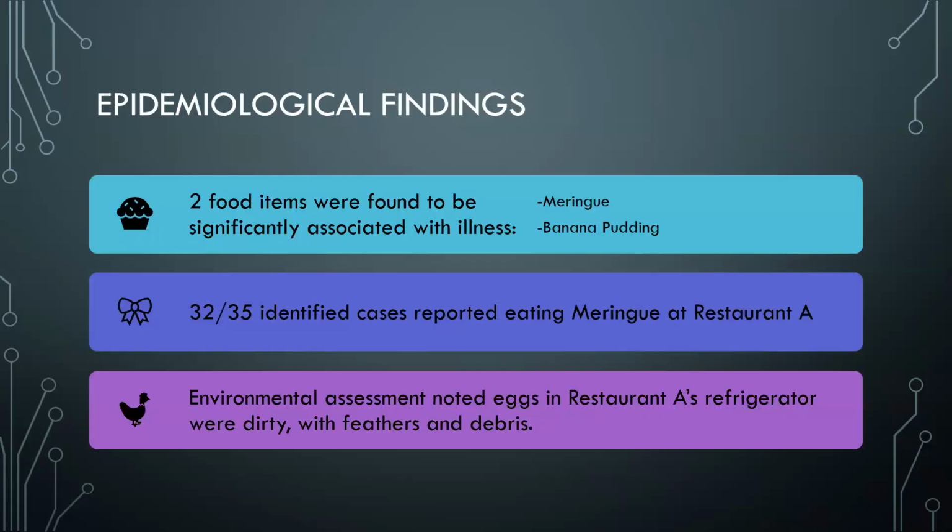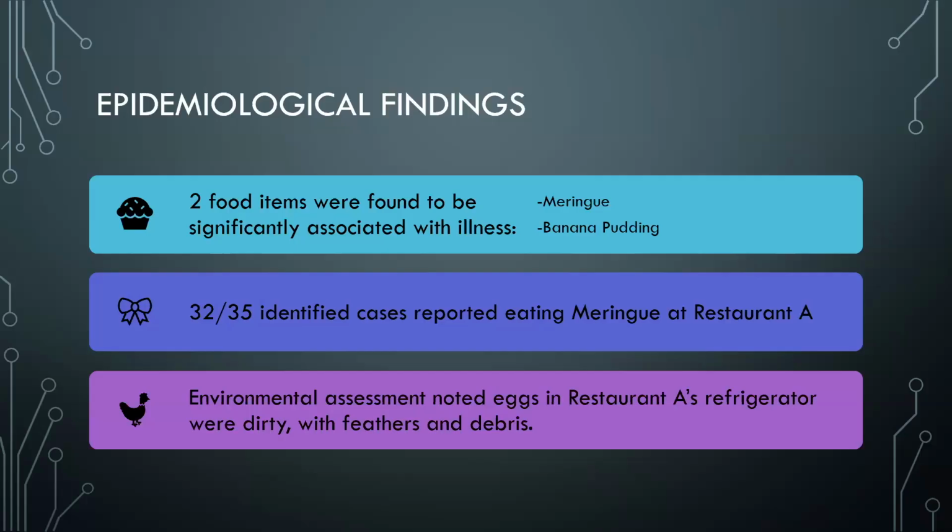The epidemiologists found that 2 food items were significantly associated with the illness. There was a meringue and banana pudding. The meringue had a pretty high food-specific attack rate, about 91.4% in exposed patients versus 13% in unexposed patients, which is an attack rate difference of 78.4%.